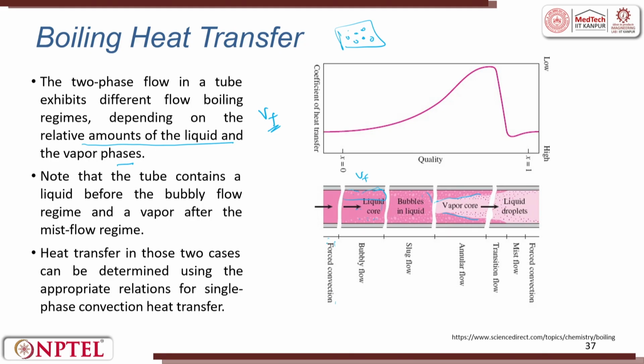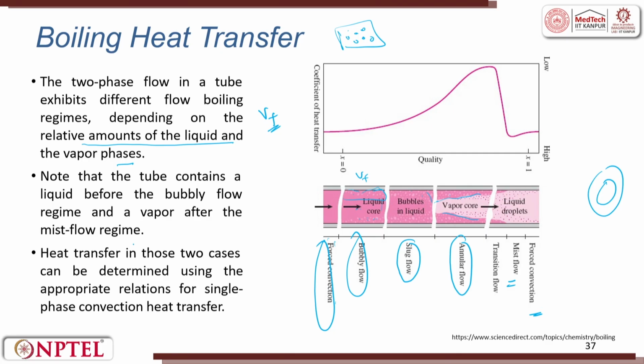So, here forced convection leads to bubbly flow, then slug flow, then annular flow. Annular means it is like a ring. After annular flow, it finally transitions into mist flow and forced convection comes out here.